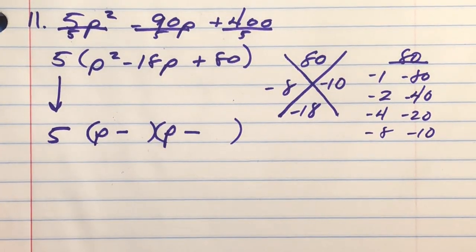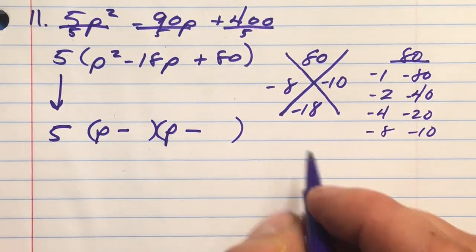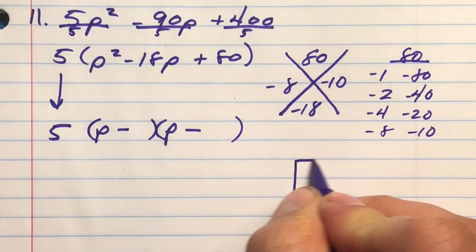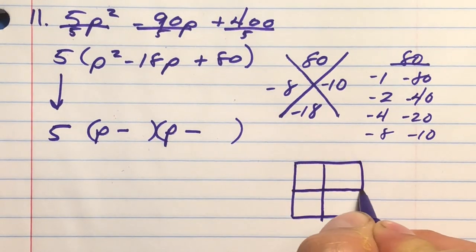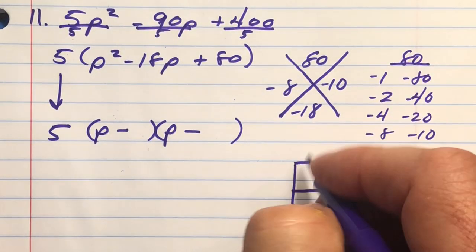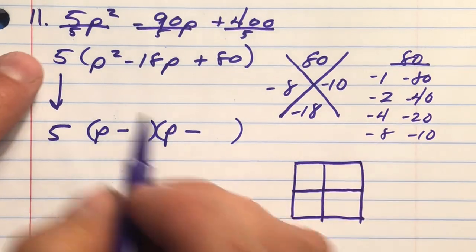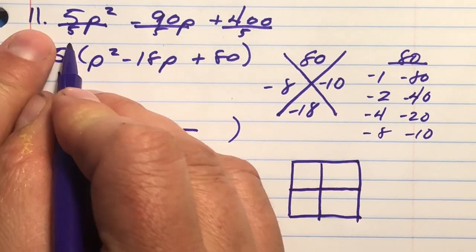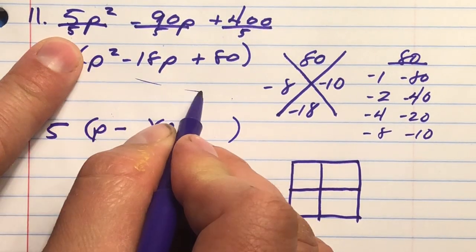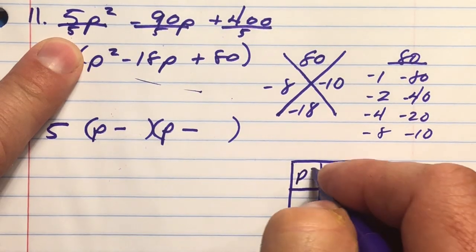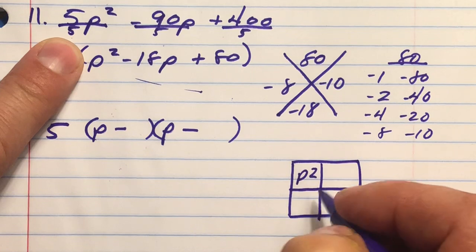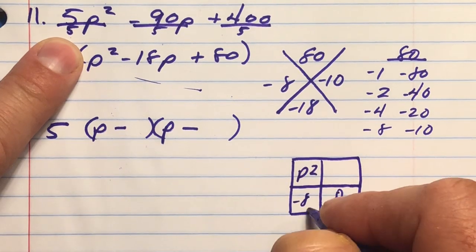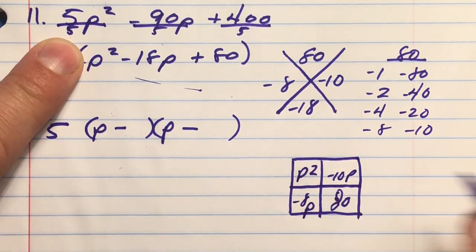Now, if you notice, I'll go through the rest of the work for you guys, but I want you to notice something, because you will start to develop shortcuts when you're doing this on your own. Remember, we're using just this one. Don't go back up here. We're using this one now. So this is p squared. This is 80. We've got negative 8p and negative 10p.